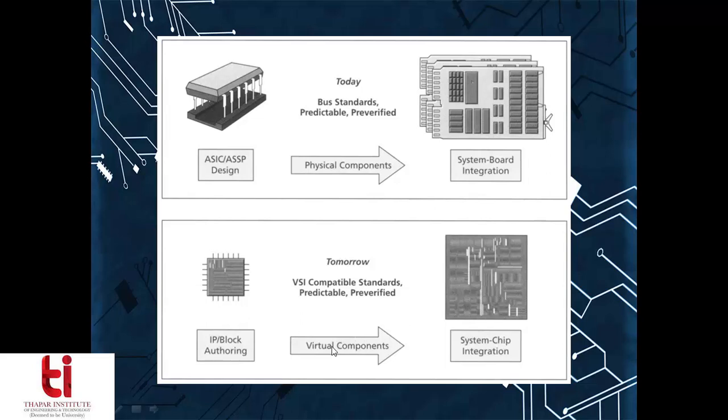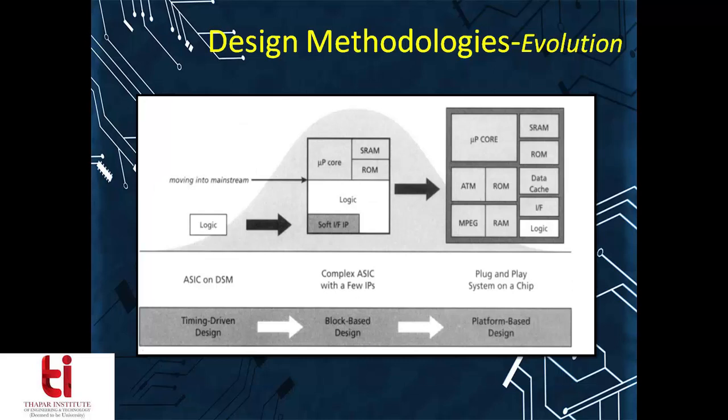And these virtual components are pre-verified in nature, predictable, and known to have a familiar functionality. Those virtual components are designed together on a single chip. They are integrated first virtually, and then they are integrated as a complete system to work as a complete product. So this is the difference in the approach.